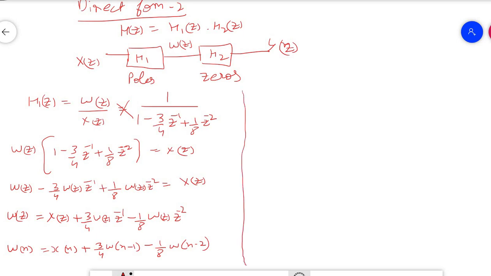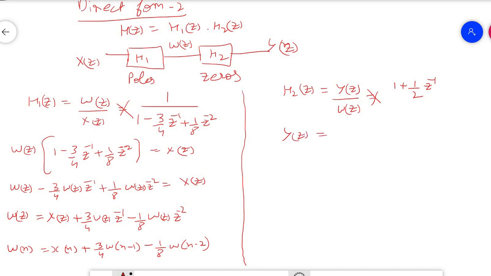Now next is our H2(z). So this H2(z) is equal to Y(z) upon W(z). In this case, in the second case, it is zeros. So our zeros are 1 plus 1 by 2 z inverse. Cross multiply this.